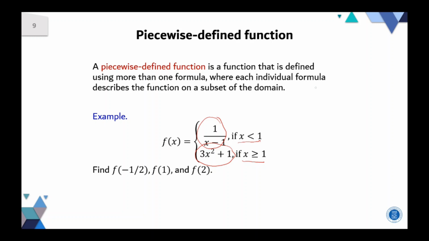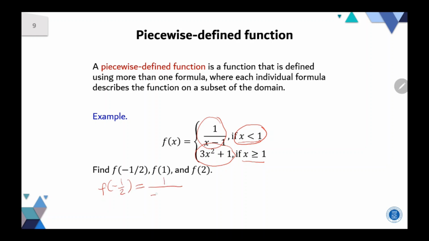Okay, so what is f of minus half? We see that minus half is located in the first subset, and of course we use the first formula to define the value at minus half. So f of minus half will be equal to, what is that?